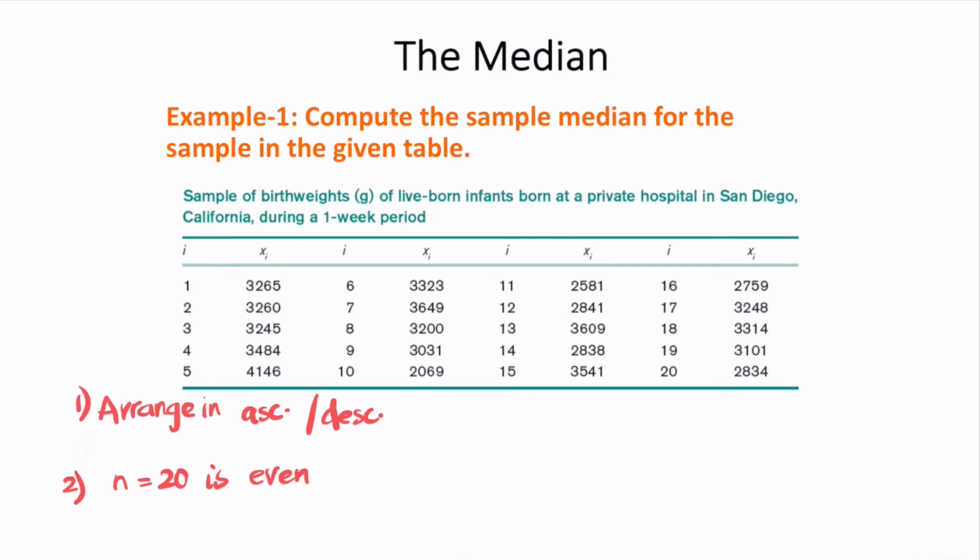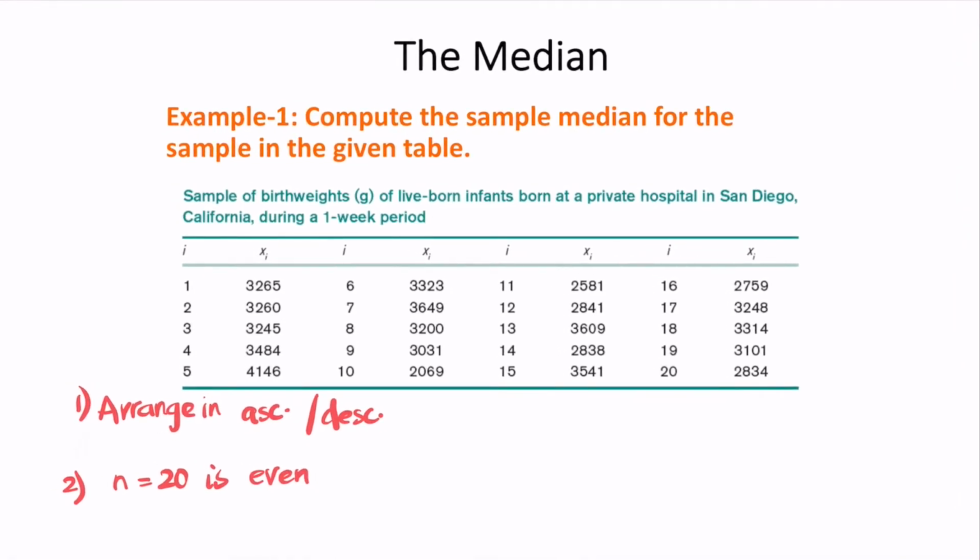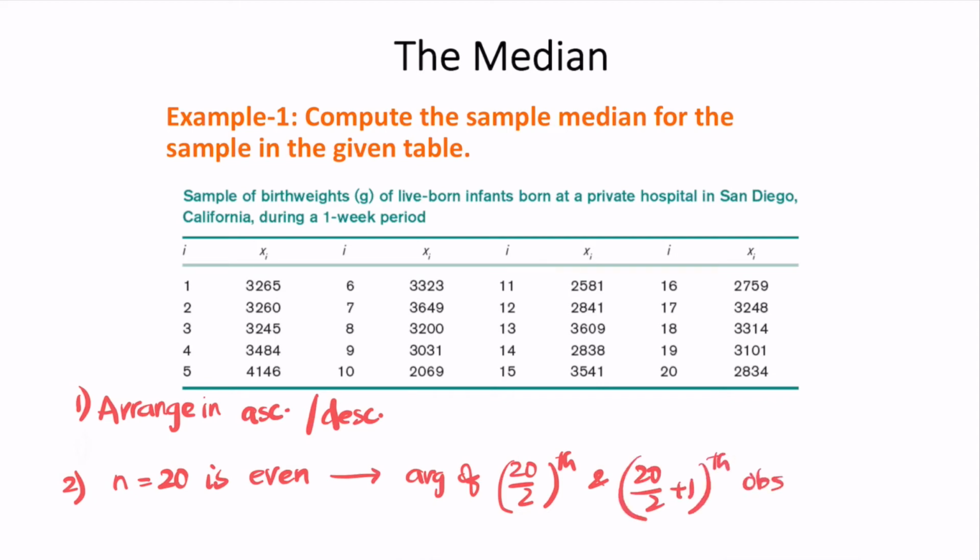So when you have an even amount of numbers, you're going to take the average of the 20 by 2 and 20 by 2 plus 1 observation. Which means once you arrange them in order, you're going to take the average of the 10th and the 11th observation.